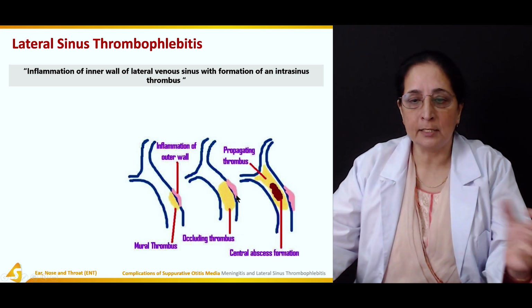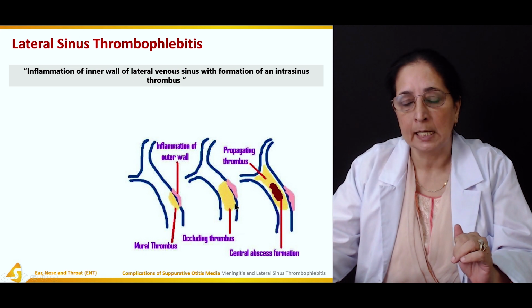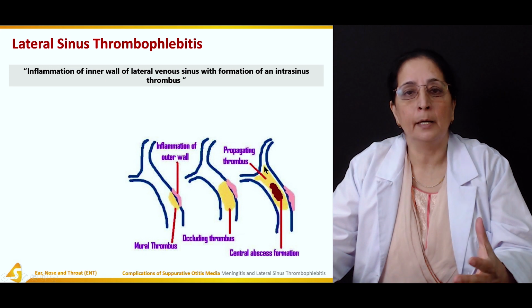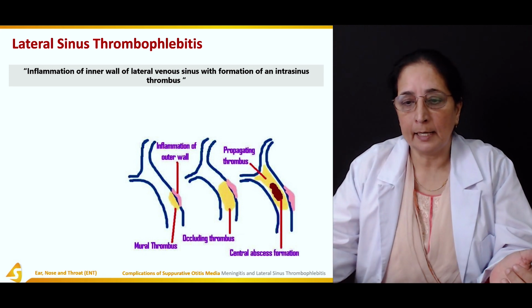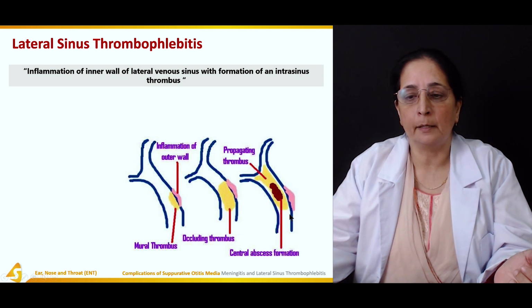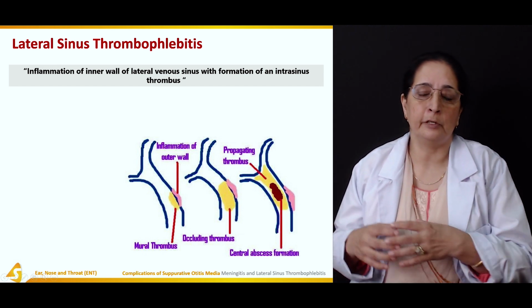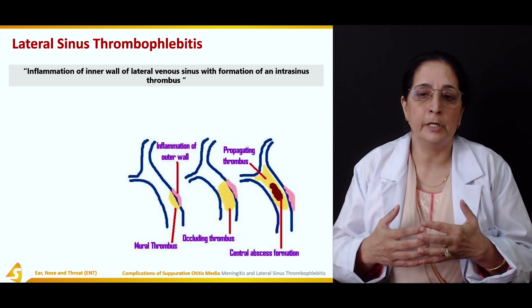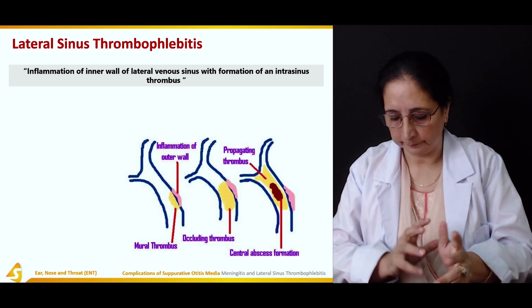When it spreads or becomes bigger, it is called an occluding thrombus, and this becomes a propagating thrombus, becoming bigger. Then there is abscess formation in the thrombus, and as a result, when this thrombus flows or occludes the blood vessel, it can cause infection.